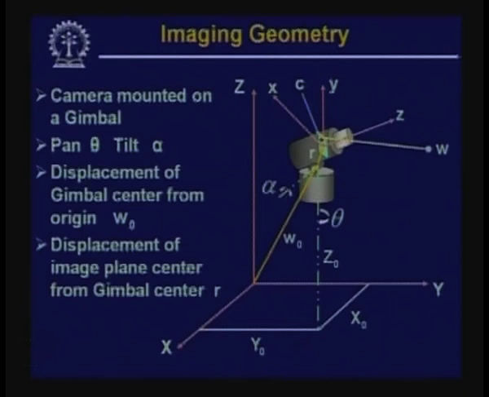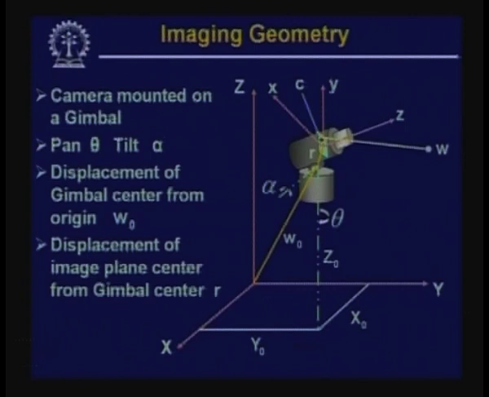So, you remember that pan is the rotation around the z axis and the tilt is the rotation around the x axis. We also assume that the gimbal center is displaced from the 3D world coordinate origin 0, 0, 0 by a vector w naught, which is equal to x naught, y naught, z naught.